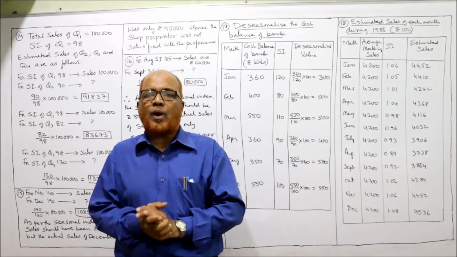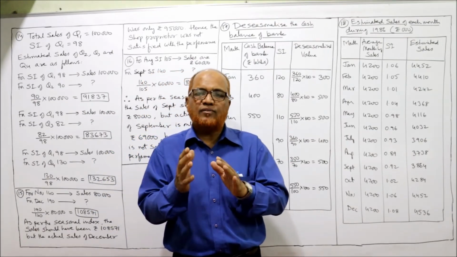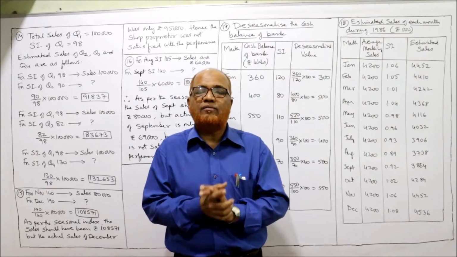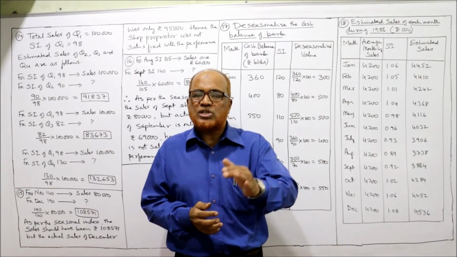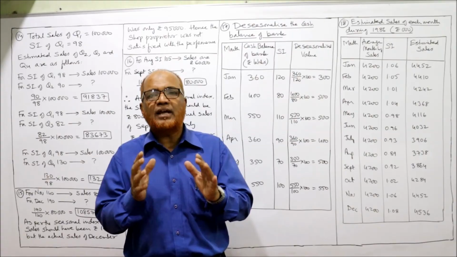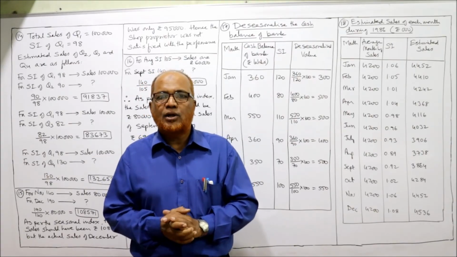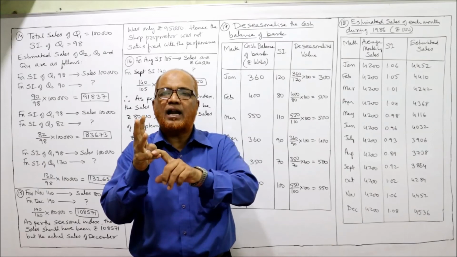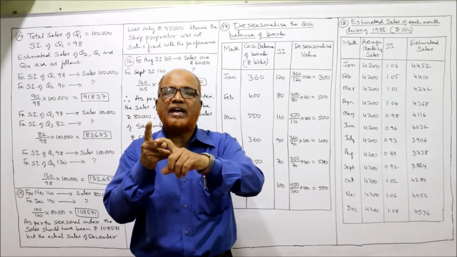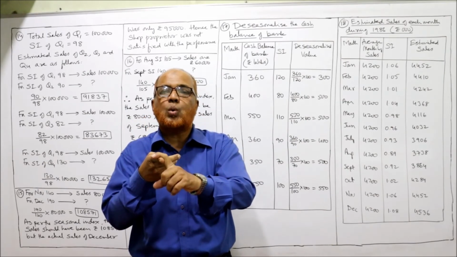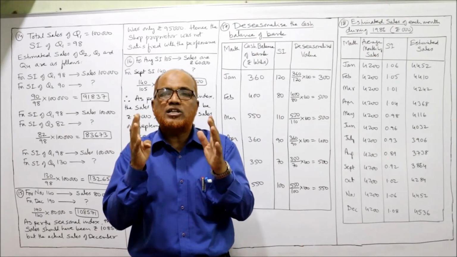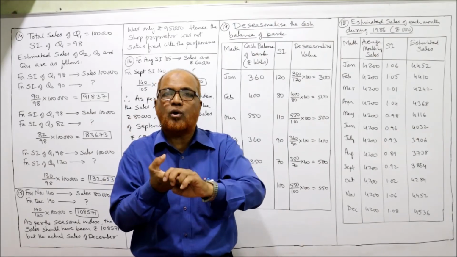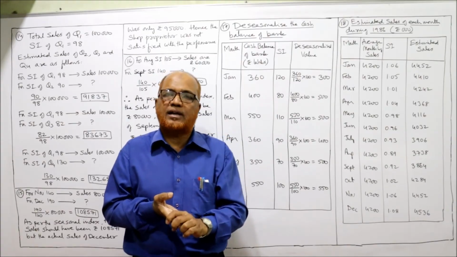Then, starting the problem videos, 1, 2, 3, 4, totally nearly 10 to 12 videos are uploaded. In the starting videos, we have done the problems on secular trend. 4 methods are there in secular trend: freehand method, semi-average method, moving average method, least squares method. Nearly 20 problems I have solved on these 4 methods of calculating secular trend.